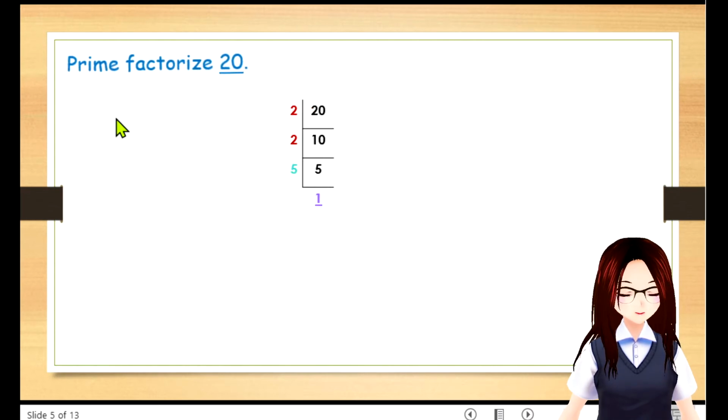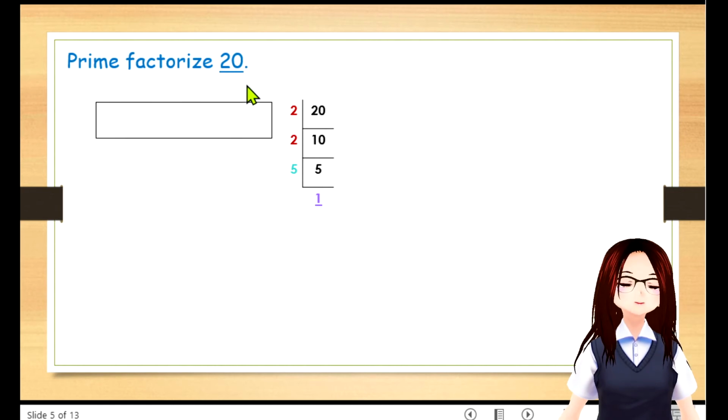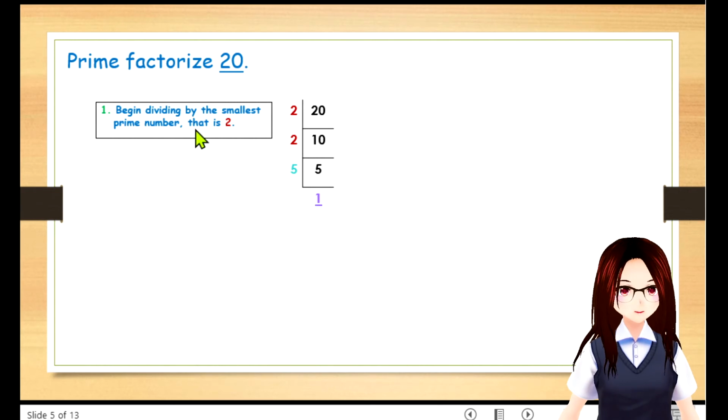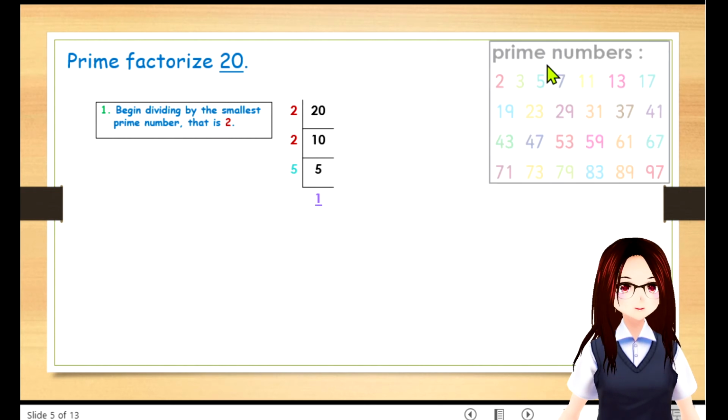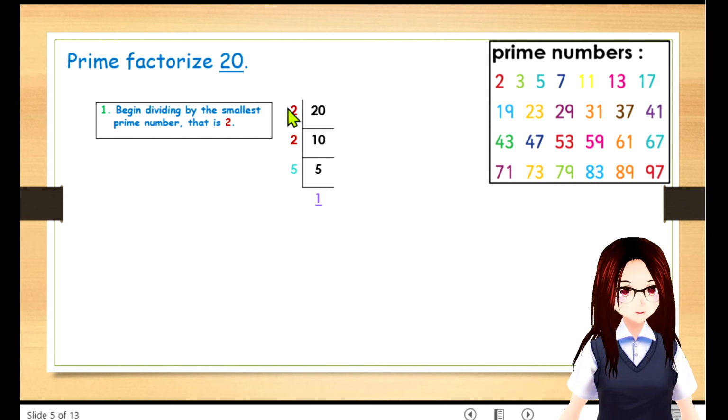Okay, next, prime factorize 20. So first step, begin dividing by the smallest prime number, that is 2. 20 divided by 2 equals 10. 10 divided by 2 equals 5.